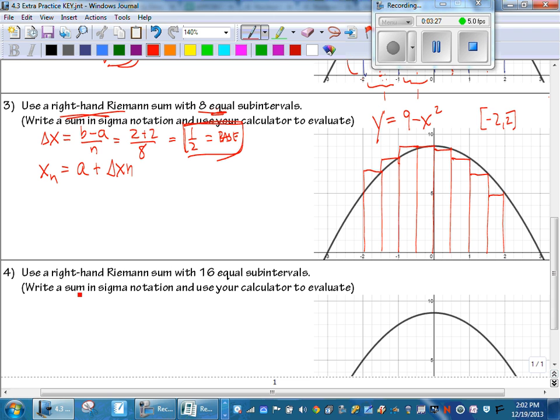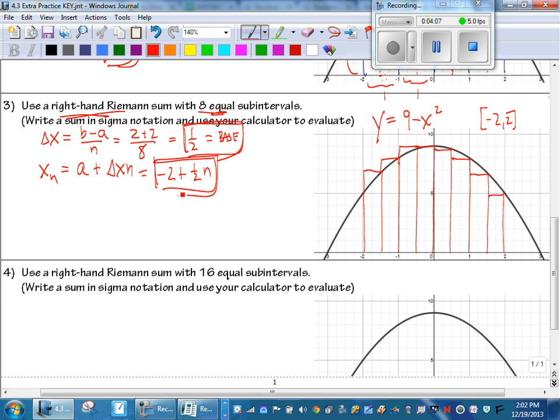So for our first rectangle, we're starting off at negative 2, and we're adding 1 of those delta x's, 1 of those bases. So 1 times 1/2. So we have negative 2 plus 1/2 n. For our first rectangle, negative 2 plus 1/2 times 1, we get negative 1.5. Then for our second rectangle, x sub 2, we're doing negative 2 plus 1/2 times 2. That gives us negative 1, and so on. So this is the x value that we're going to be plugging in for each one of the rectangles, where n represents the subinterval, or the rectangle.